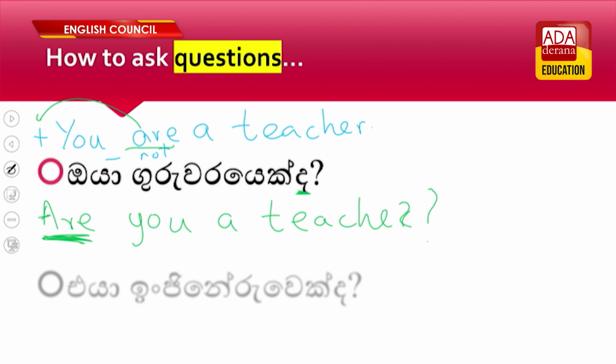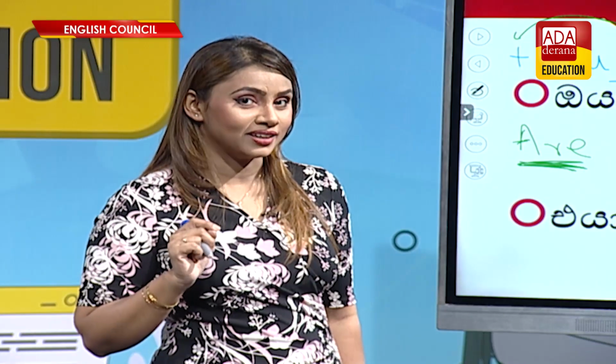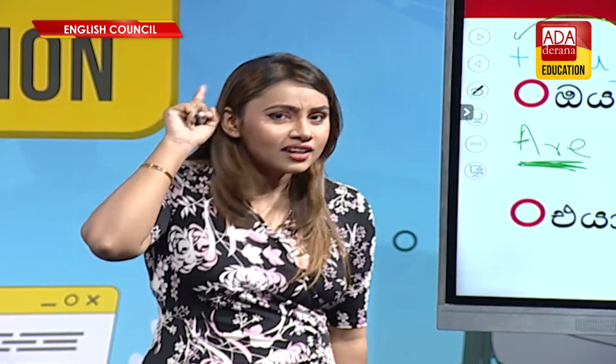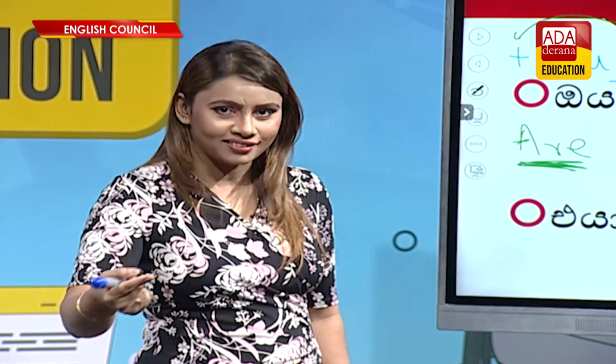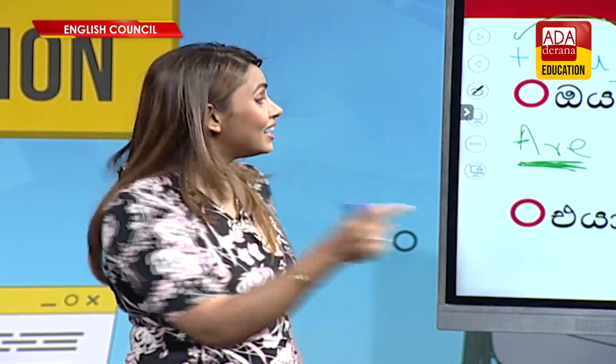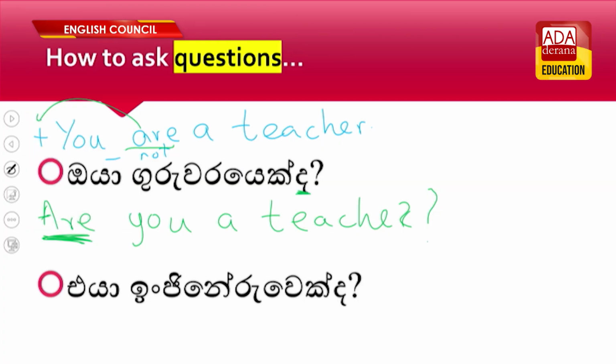Are you a teacher? දැන් අහන්න බලන්න. එයා ඉංජිනේරුවෙක්ද? ඉංග්‍රීසියෙන් මං කිව්වා engineer කියන්නේ. එයා ඉංජිනේරුවෙක්ද? කොහොමද අහන්නේ? ඉස්සෙල්ලාම අපි හිතන්න මුලට යන්න. එයා ඉංජිනේරුවෙක්. How do you construct that sentence? Look at the screen. He is an engineer. He is an engineer.